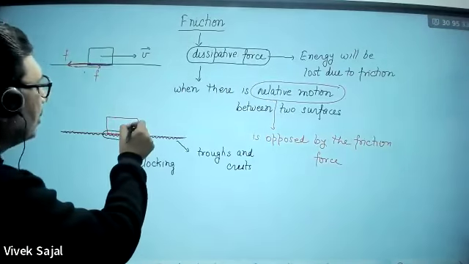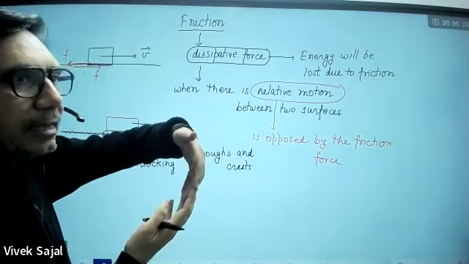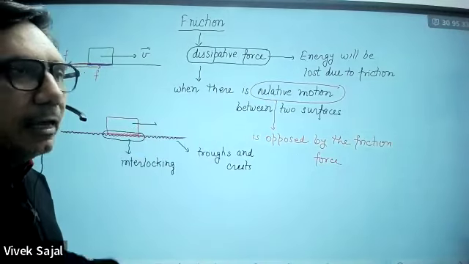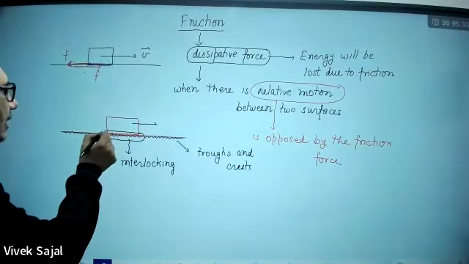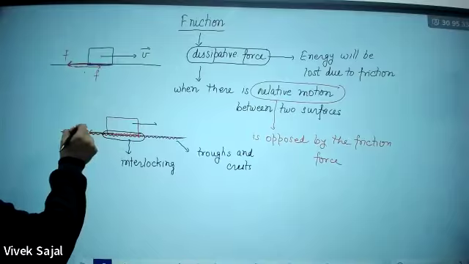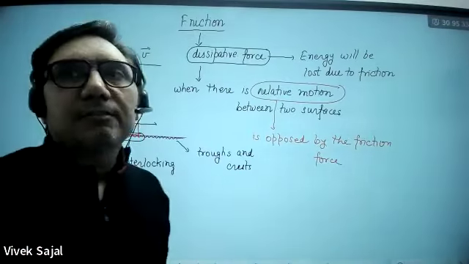So when this block tries to move in this direction, the block has to overcome this interlocking, and this interlocking is causing a force acting in the opposite direction on this block. This is called friction force.